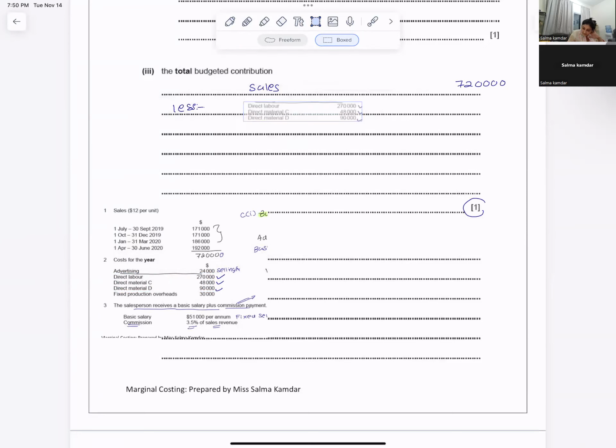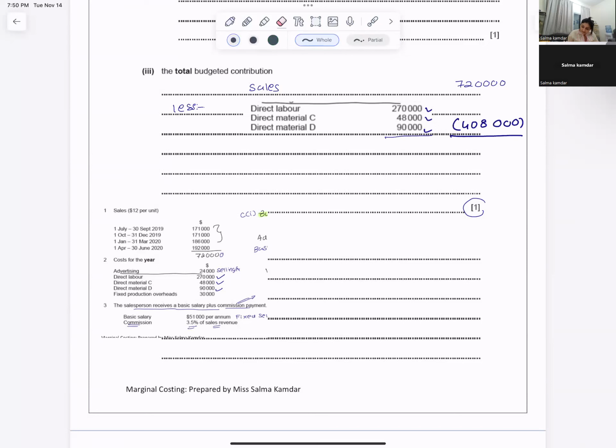Sales minus variable cost would give me my contribution. But I have one more variable cost, that is the variable selling expenses. How much is the variable selling expense? It is 25,200.